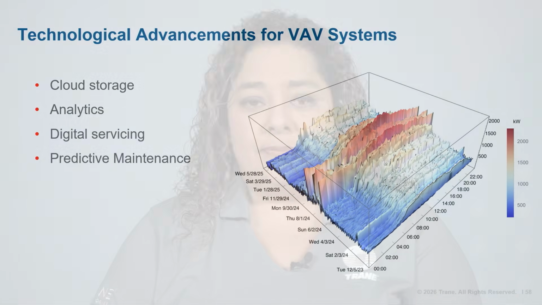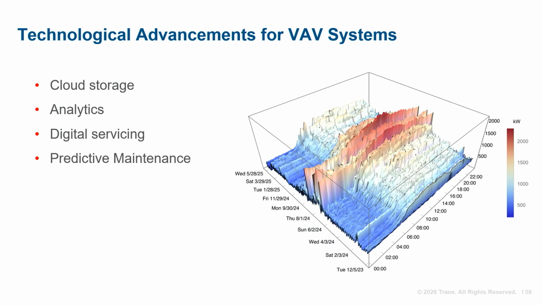We can now monitor the performance of systems in our buildings with more data and keep records for extended periods. Having this data available simplifies the use of analytic tools to troubleshoot and identify potential issues or opportunities to conserve energy and lower operational expenses, all while maintaining a comfortable indoor environment.